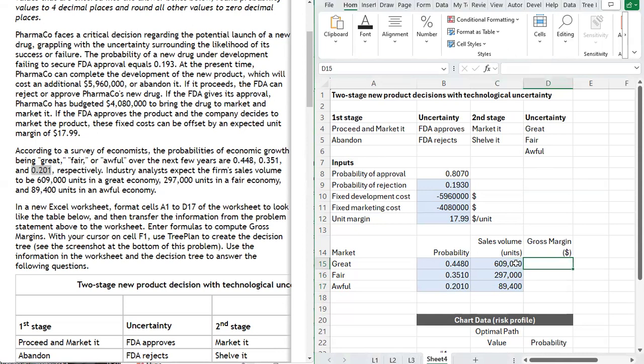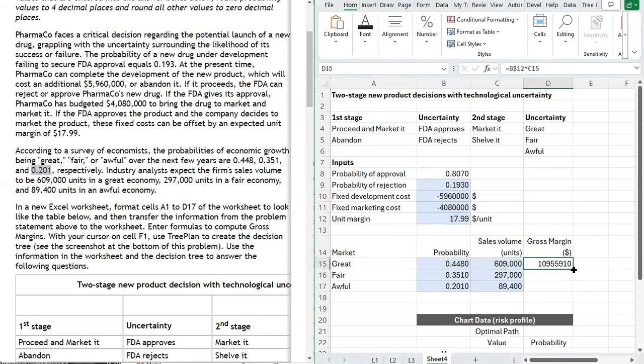Now, to get the gross margin, we did this in the second part of lesson 8. It is equal to the unit margin times the sales volume. Now, because I'm going to copy this down, I want to fix the blue box in row 12. So I'm going to put a dollar sign between the B and the 12.